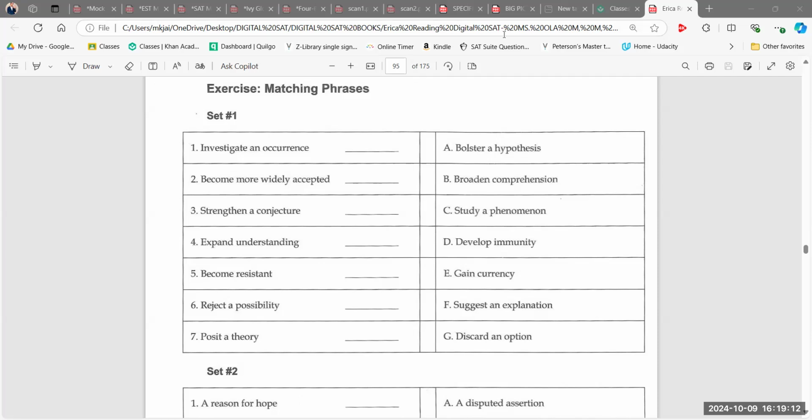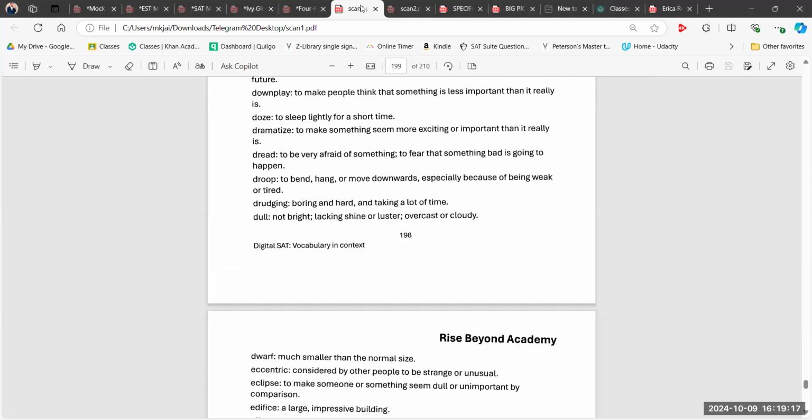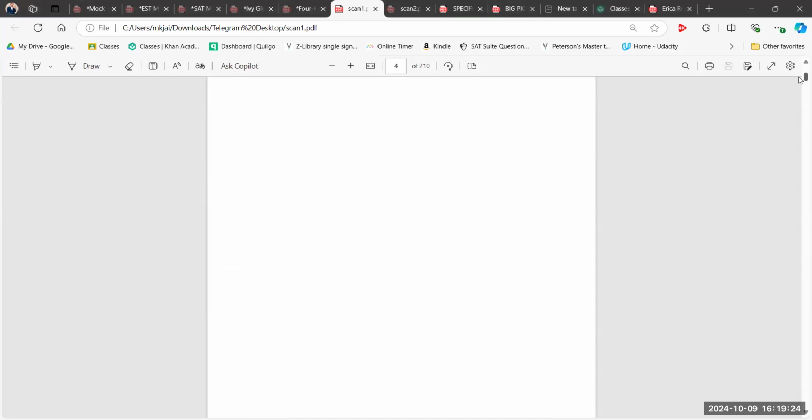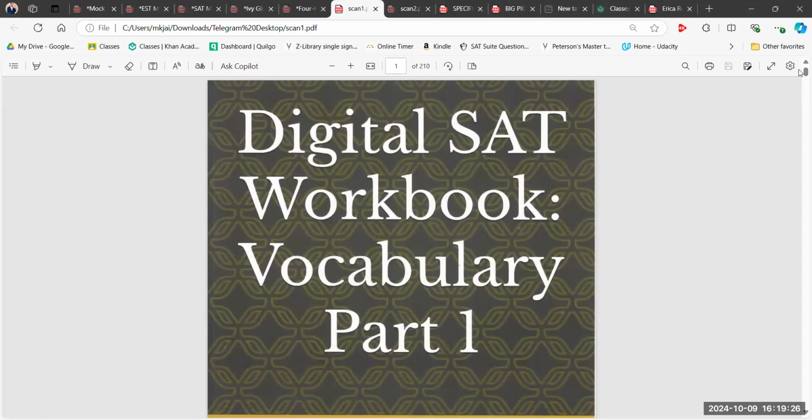I also bought nice books for vocab. Each module has 6 to 7 vocab questions, and you should consider this type of question. It needs hard work. You've got to memorize a lot of words and their synonyms. So this is one of the books.